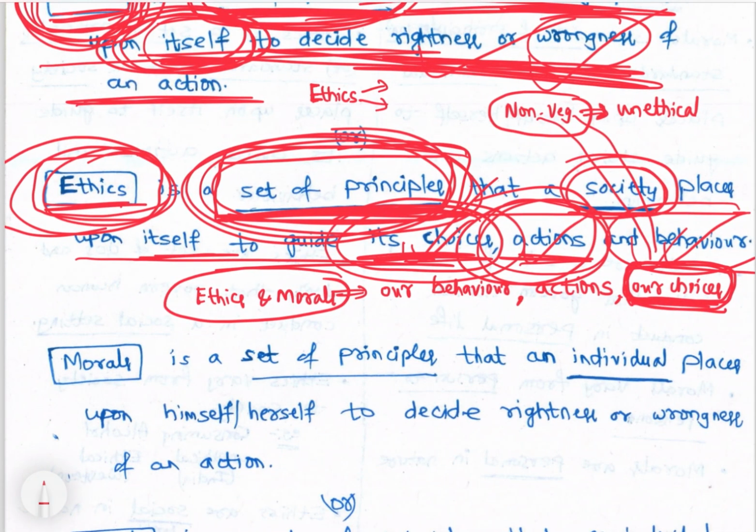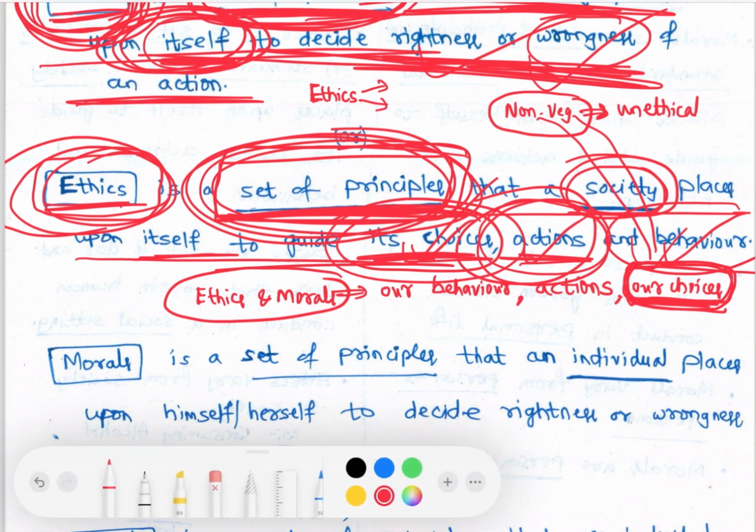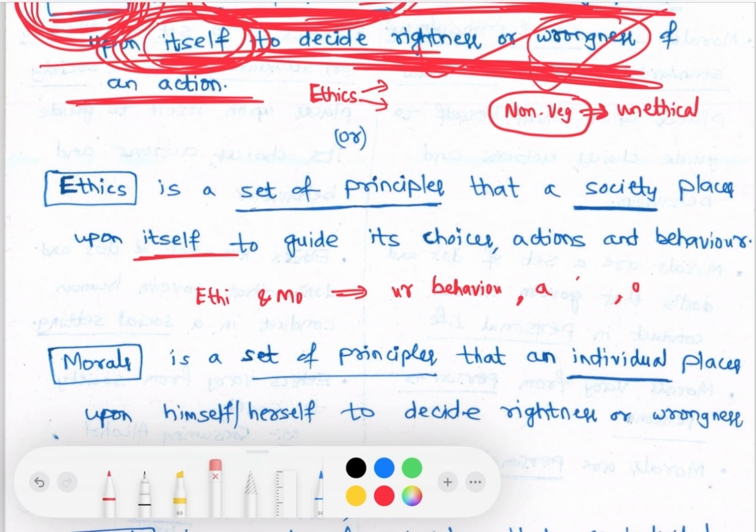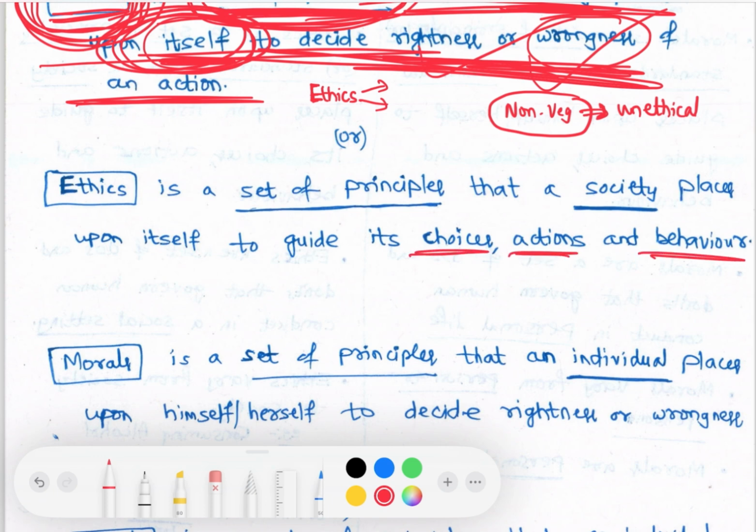So the definition is: ethics is a set of principles that a society places upon itself to guide its choices, actions and behavior. So whenever we talk about ethics, we talk about society.